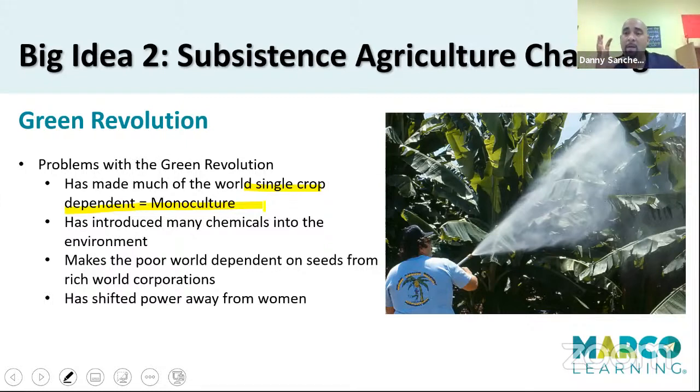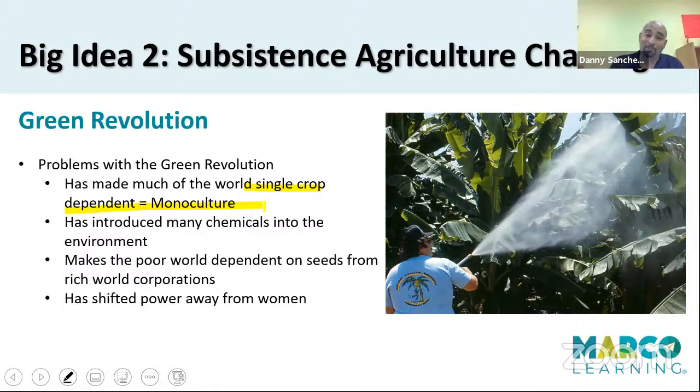So monoculture presents situations where there's not going to be much opportunity for economic development. It basically becomes, on a gigantic scale, we're farming to survive, all right? Additionally, it has introduced chemicals into the environment, these chemical fertilizers, these chemical pesticides, and as they bleed into the environment, there are repercussions of that.